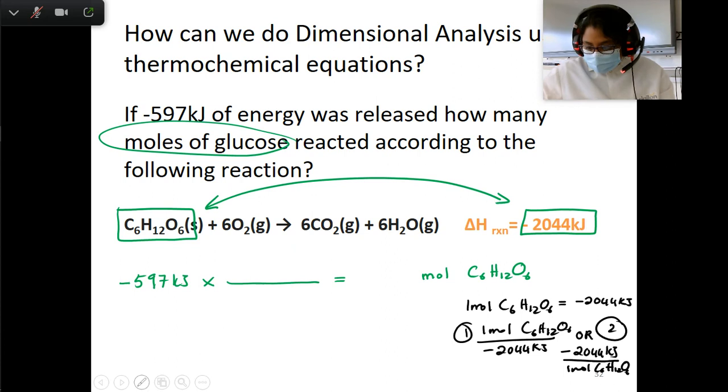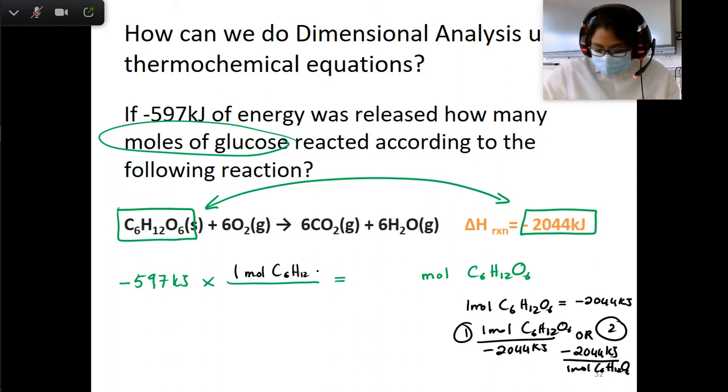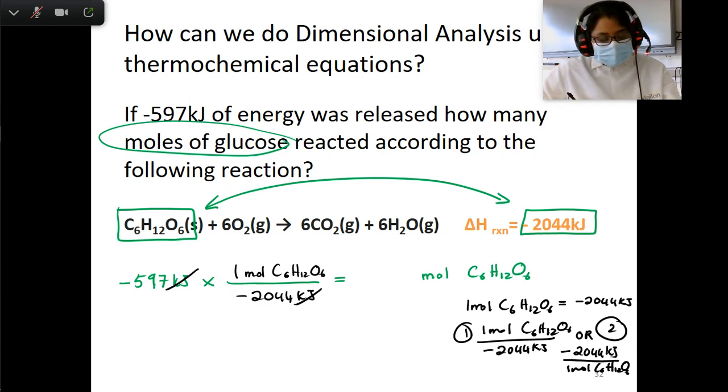I want to cancel out kilojoules. I want to go to moles of glucose, so I'm going to use the first conversion factor, 1 mole of C6H12O6 on the top, negative 2044 kilojoules on the bottom. Kilojoules cancel out, negative and negative cancel out.